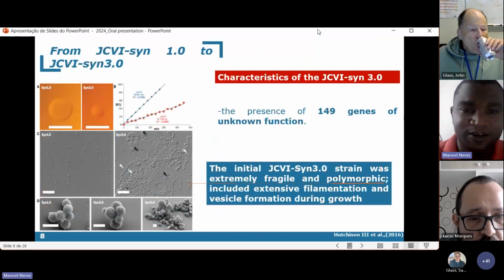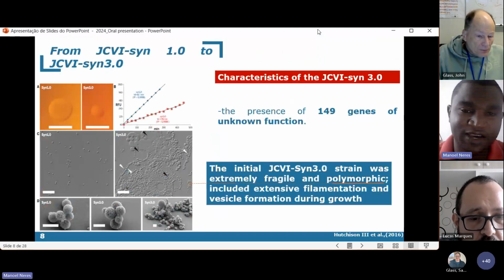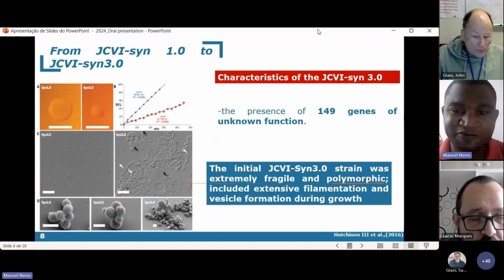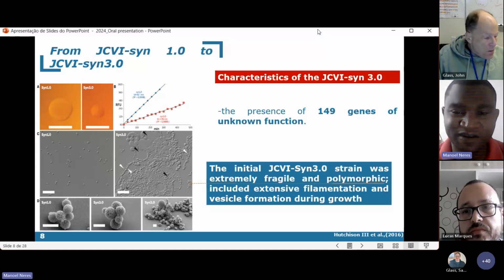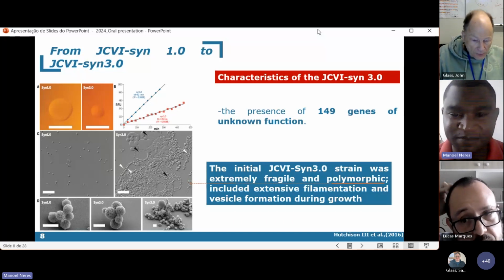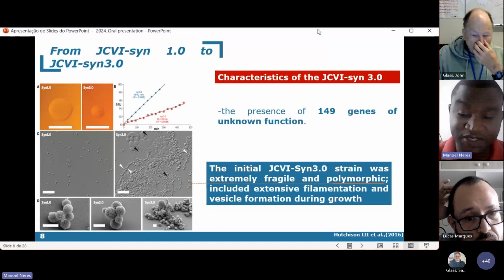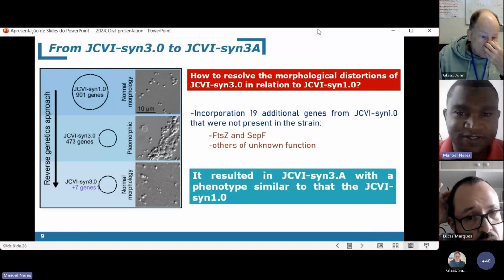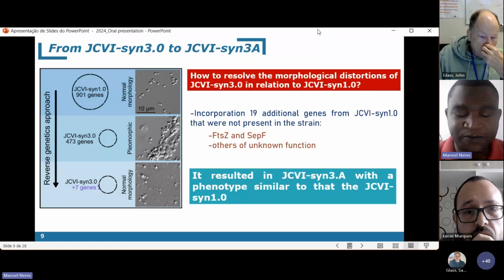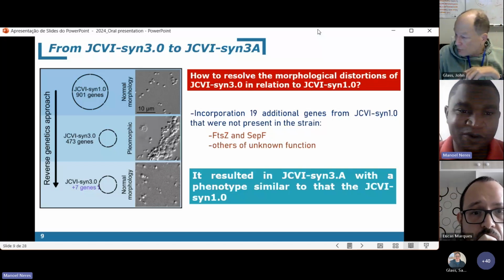Among the characteristics of JCVI-syn3.0, we can highlight the presence of 149 genes of unknown function, and the initial JCVI-syn3.0 strain was extremely fragile and polymorphic, including extensive filamentation and vesicle formation during growth. To resolve the morphological distortions of JCVI-syn3.0 in relation to JCVI-syn1.0, 19 additional genes of JCVI-syn1.0 that were not present in the strain were incorporated.